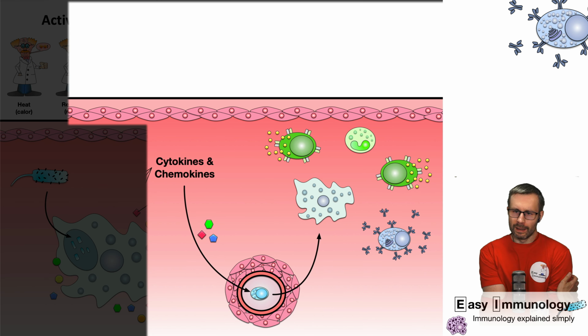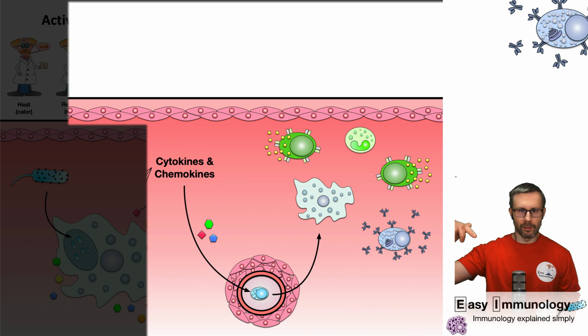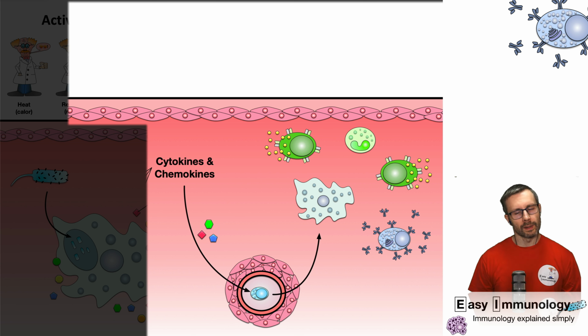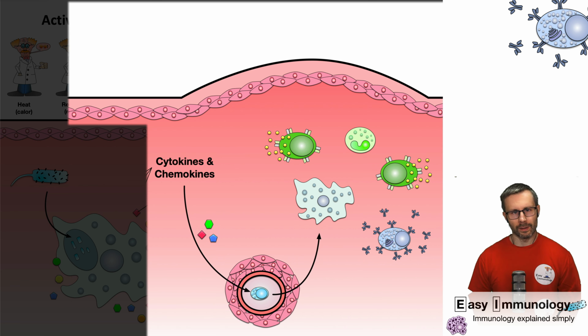Then the other cells of the immune system will be recruited, will be directed to the place of infection by these cytokines and chemokines. So they have receptors for these cytokines and chemokines, and they wander from the place of low concentration towards the higher concentration of these cytokines and chemokines. And by this, they find the place of infection, and then in the vicinity of the place of infection, they leave the blood vessel, migrate into the tissue, and start forming an immune response to kill the remaining pathogens.